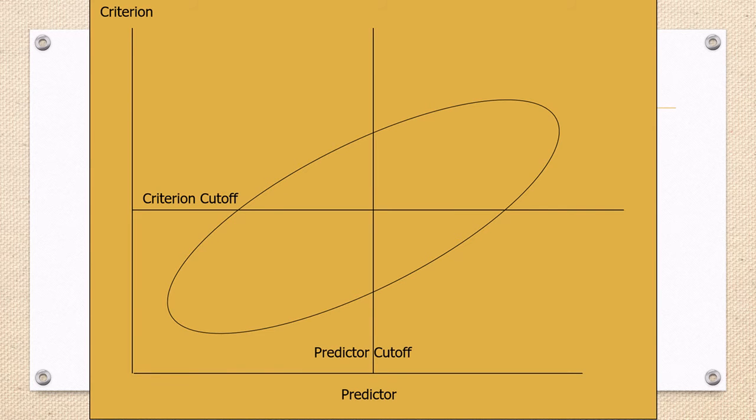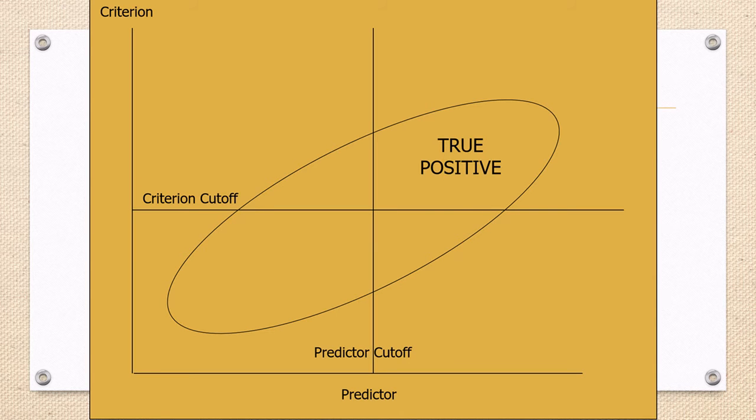If we create a predictor cutoff and we look at whether people above that predictor are successful in performing the job or not, we see what I was talking about earlier, with there being some errors. We accept everyone above the predictor cutoff, and we reject those below it. We don't know ahead who's going to actually perform well on the job. This is an estimated guess using data that we've collected previously.